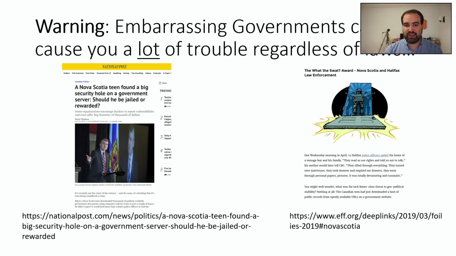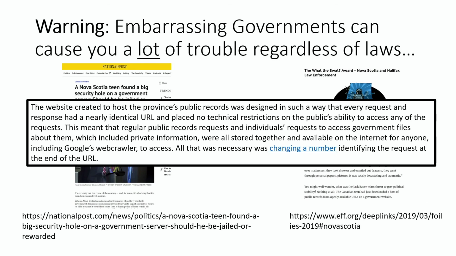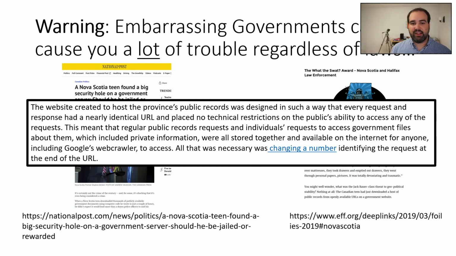Embarrassing governments also gets you in a lot of trouble. This is a local example if you haven't heard about it. Someone found a very simple attack, and I say attack pretty vaguely, on one of the Nova Scotia government websites where all you did was change the ID number of the document and then you could download it.